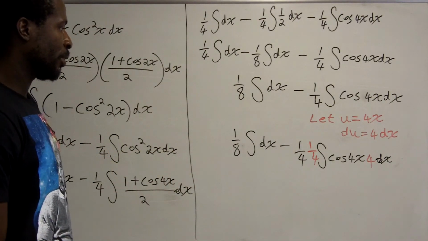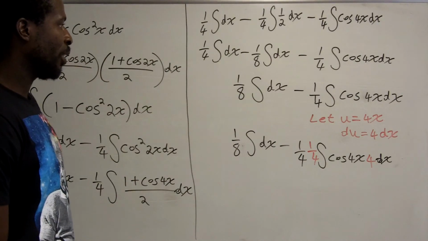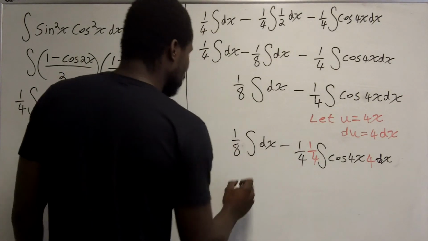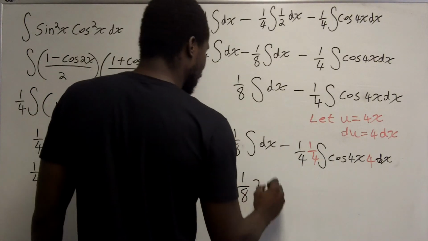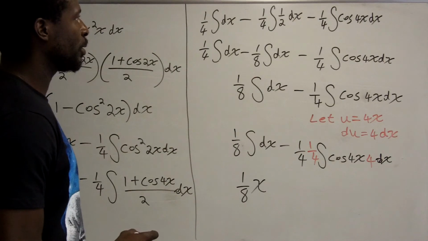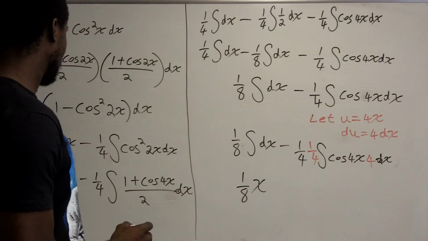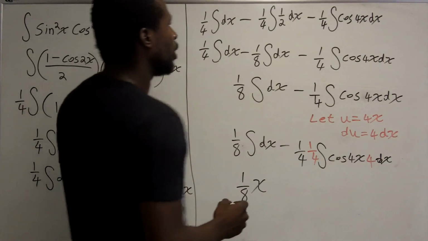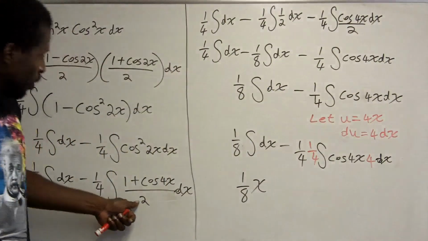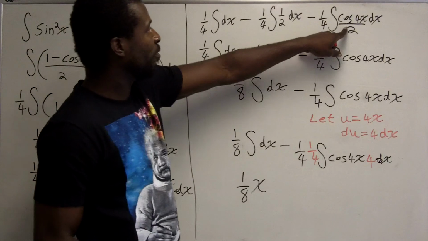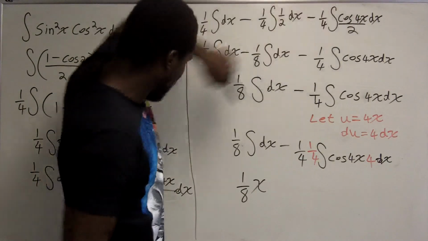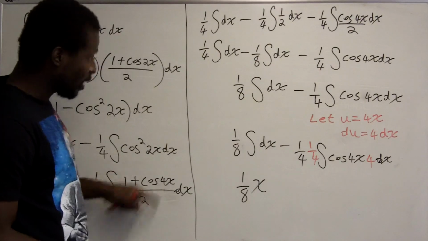All right, so let's see what we have here now. In this case, this just becomes 1/8 x. And let's see. Oh, I forgot the factor of 2 here. There was a factor of 2 in the denominator of the cosine. So it was 1/2 and then the cosine of 4x over 2.